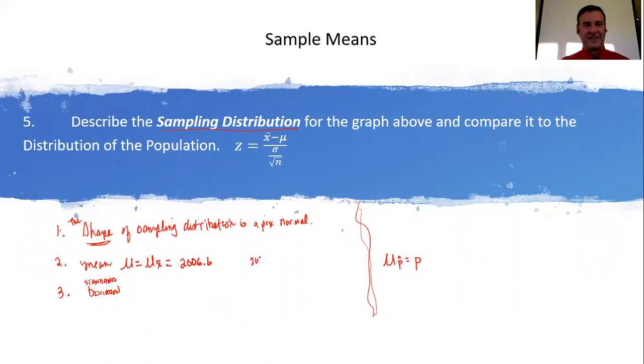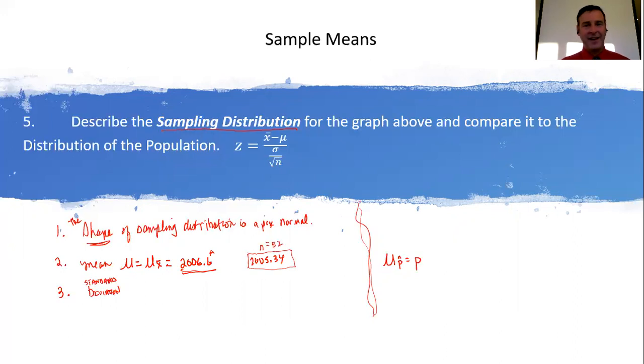Is that the answer, since that's what happened in our set of 82? Not really. Really, the answer is this. And why do we trust the original mu, which is equal to the mu of X bar, rather than what we found in our 82? It's because this right here is just for the 82.